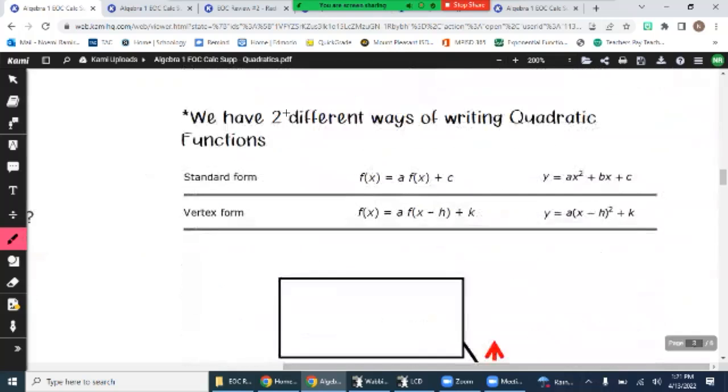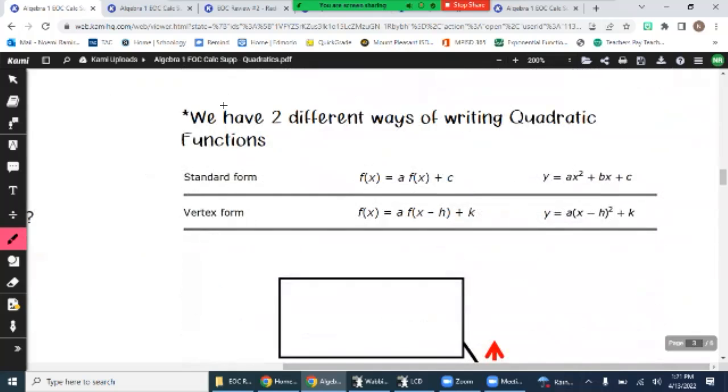Now, the two equations that we use a lot with quadratics are written in standard form or in vertex form. The only reason we even need to know how to go back and forth between standard and vertex form, equation and function notation form, is with transformations.